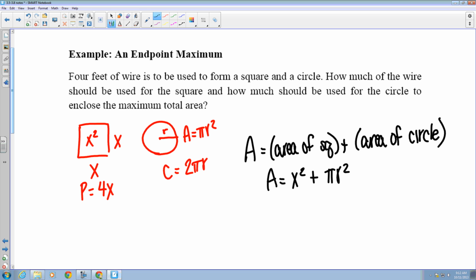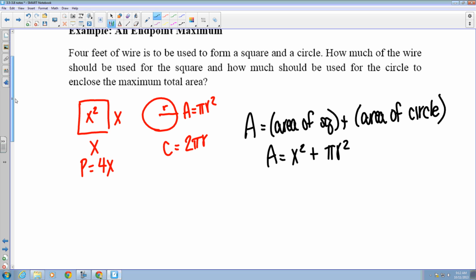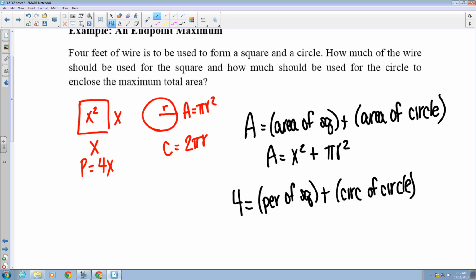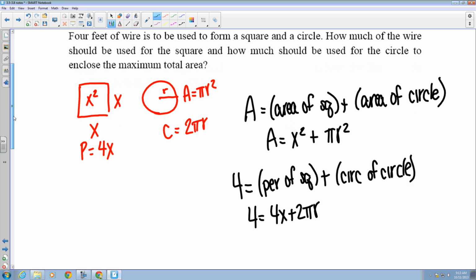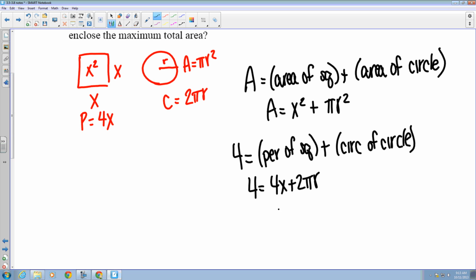That would be the perimeter of the square plus the circumference of the circle. So 4 equals 4x plus 2 pi r. This is our secondary equation that we're going to solve to get rid of the r. r is negative 2x plus 2 divided by pi, which is 2 times 1 minus x over pi.